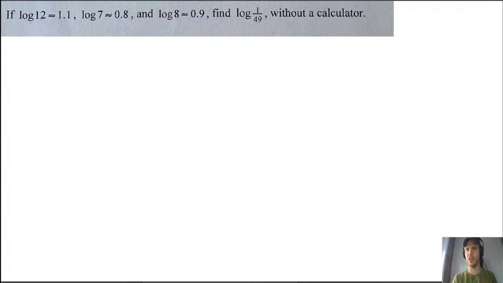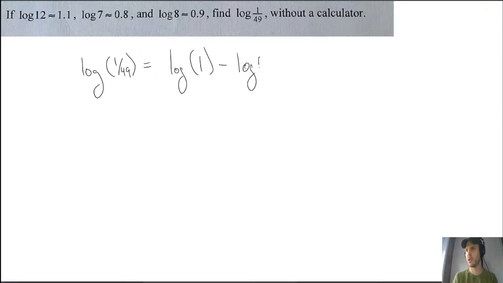Okay. So if log of 12 is approximately 1.1, and log of 7 is approximately 0.8, and log of 8 is approximately 0.9. Fine, okay, so if we have log of 1 over 49, this is the same as log of 1 minus log of 49.